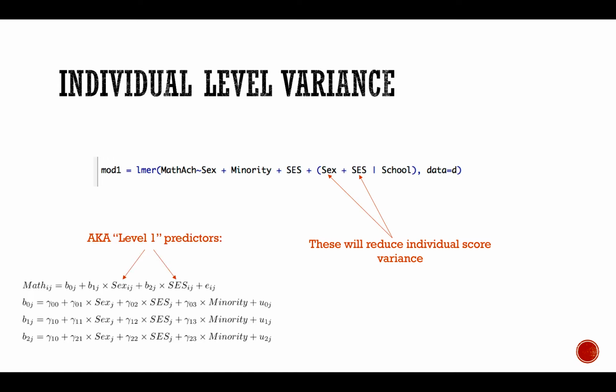And then mathematically notated right there. So we are saying that these variables, sex and socioeconomic status, this is just like the regression that you are used to. When you include a predictor, it's going to make that line closer to the individual data points, which is going to reduce the amount of unexplained variance. Y'all with me?